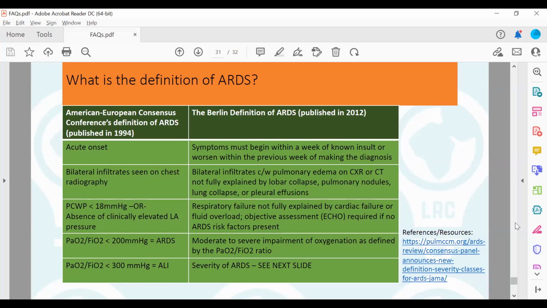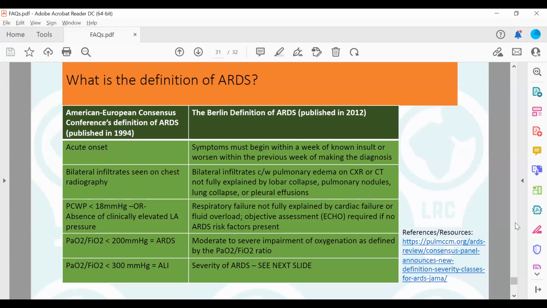Yes, it might happen, but we have criteria when we say this patient is having ARDS or probably having ARDS.